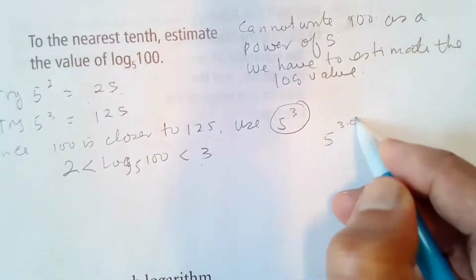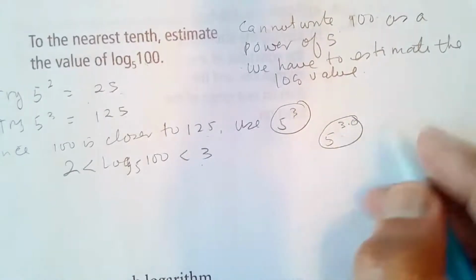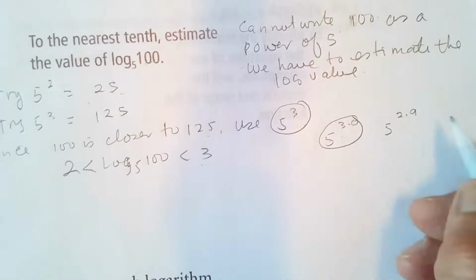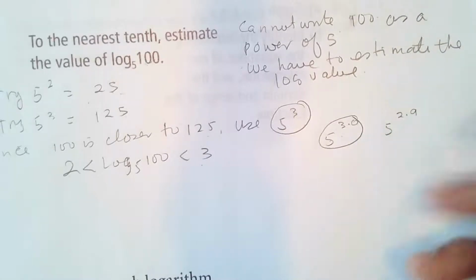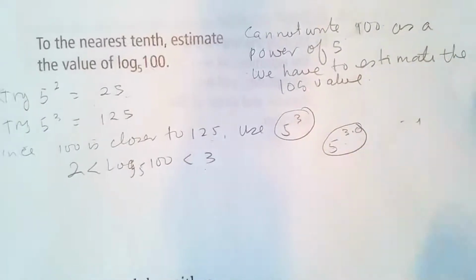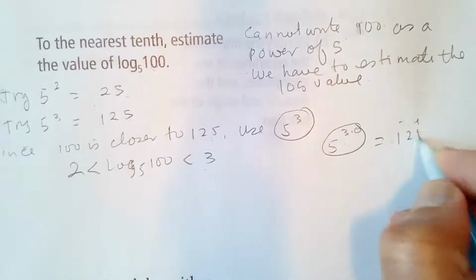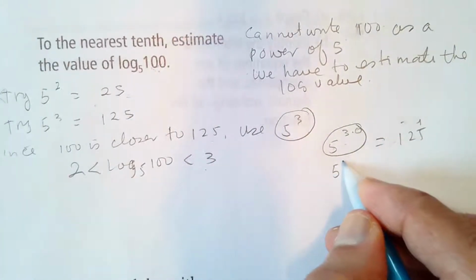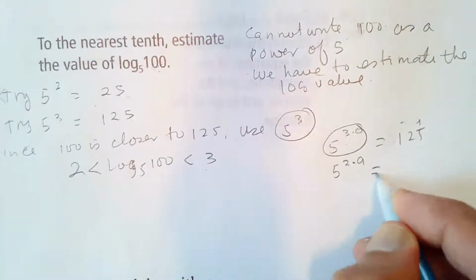So we have to go smaller than 3.3. So we try 5 to the 2.9. Let's redo this here. 5 to the 3.3 will give us way above 125, which is way above 100. So we have to go lower to 2.9.